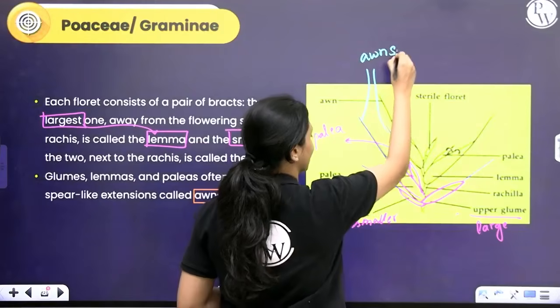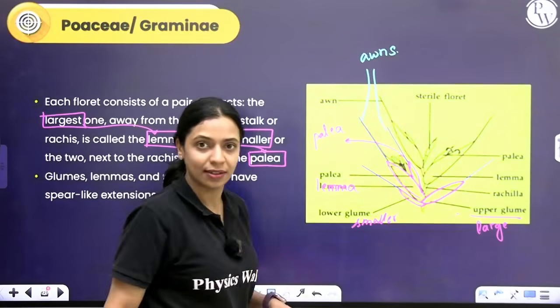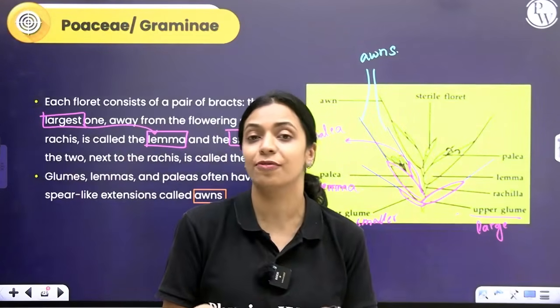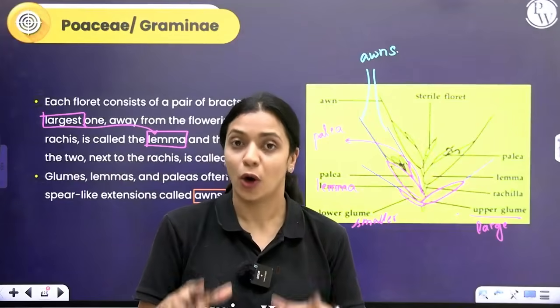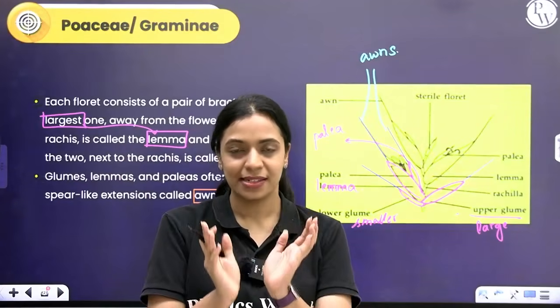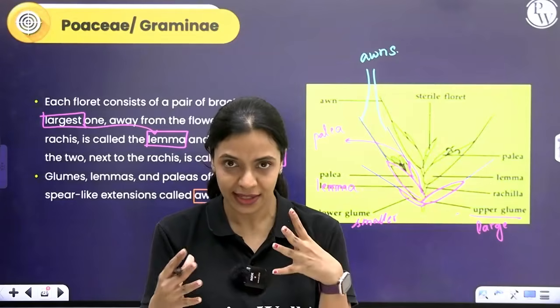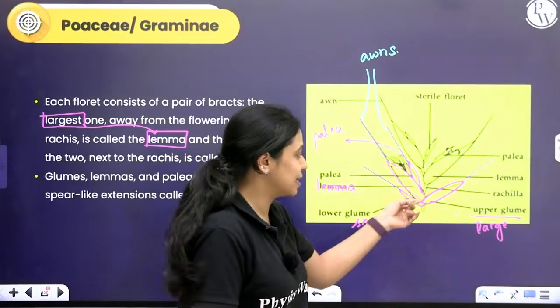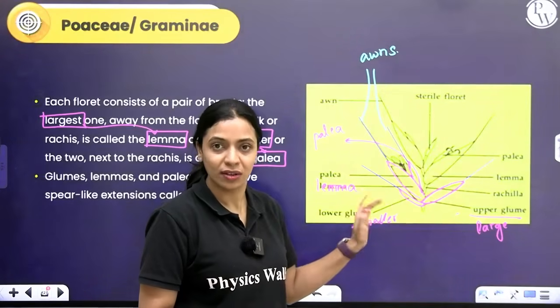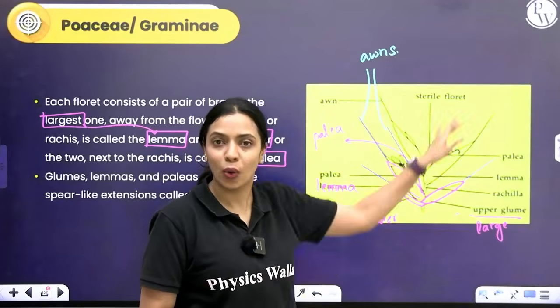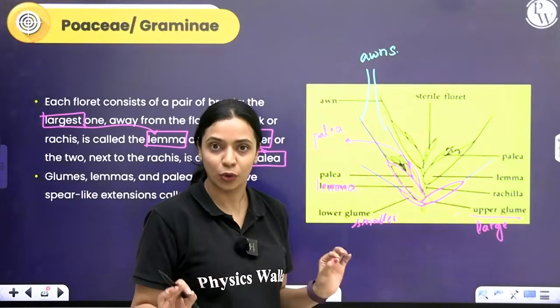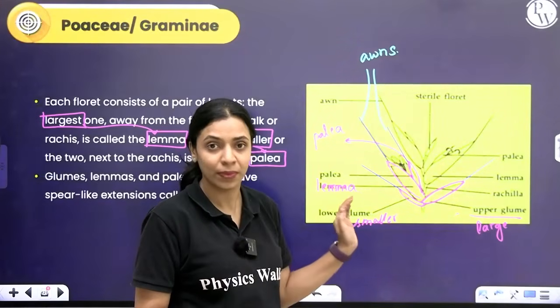I repeat, this whole thing is a spikelet. The spikelet within it will have many florets. At the bottom of the spikelet, you will have a pair of bracts that vary in size. The upper bract is larger and the lower bract is smaller. The bracts for the whole spikelet are called glumes, upper glume and lower glume.